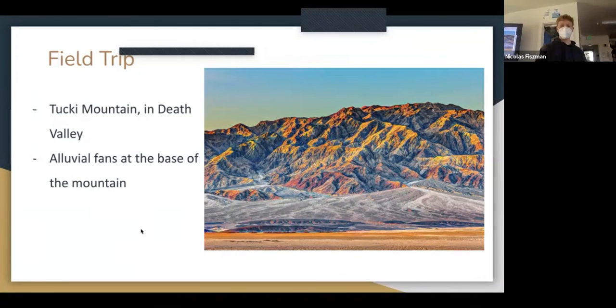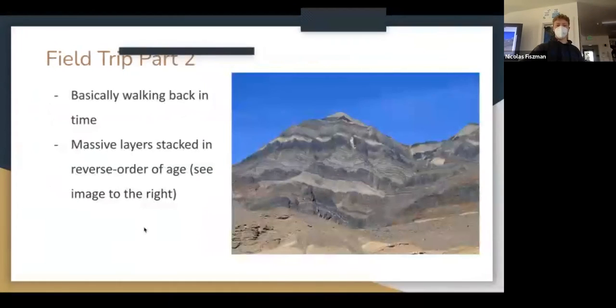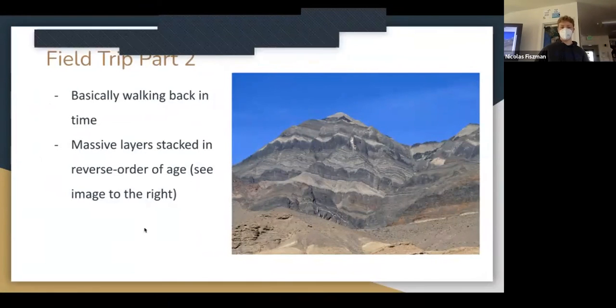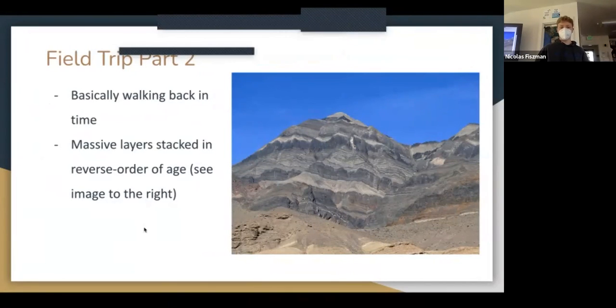And then next, as we go up the mountain, it's basically like walking back in time. You can see in the picture there's really clear layers of rock stacked on top of each other.